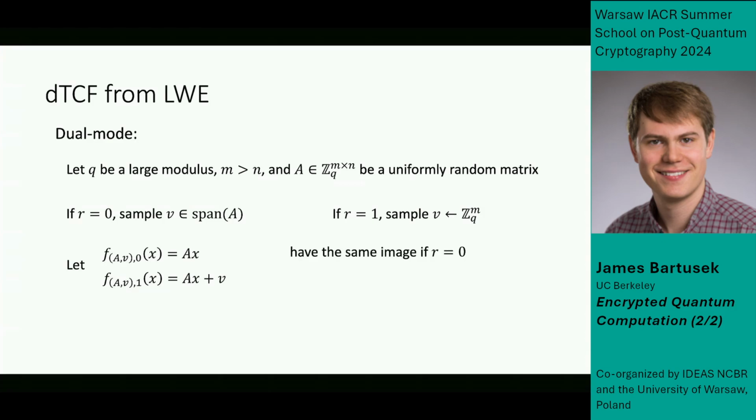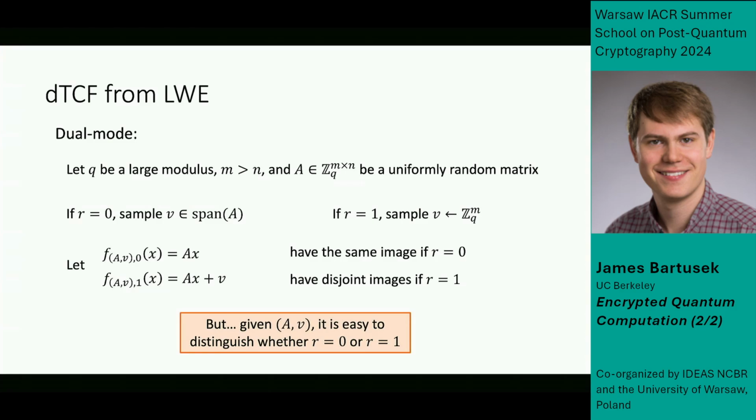So, good. This gives me a dual mode function, right? We can check that if R equals 0, these functions have the same image, the span of A. Whereas if R equals 1, they have disjoint images with very high probability, right? Okay.